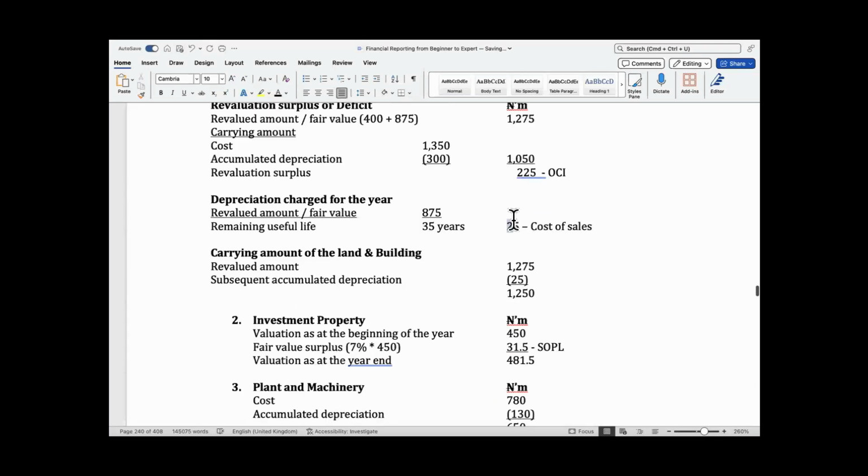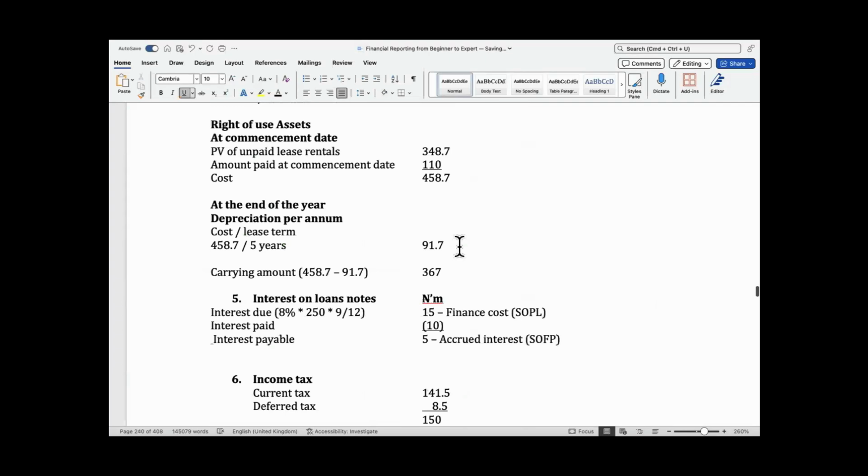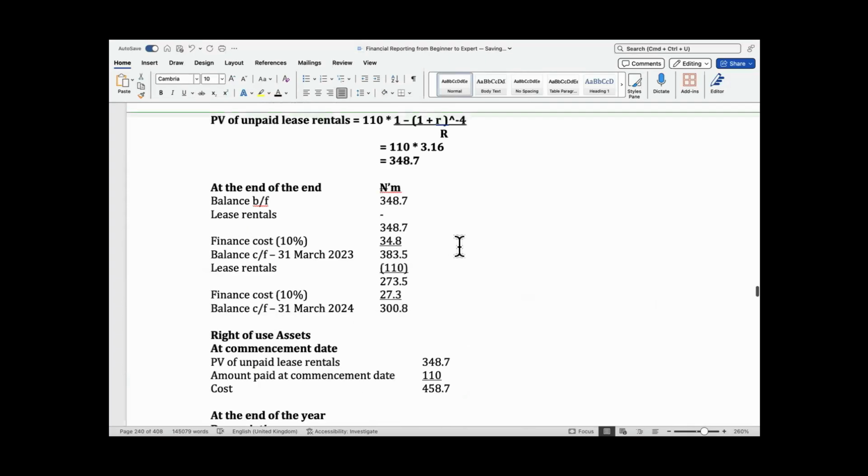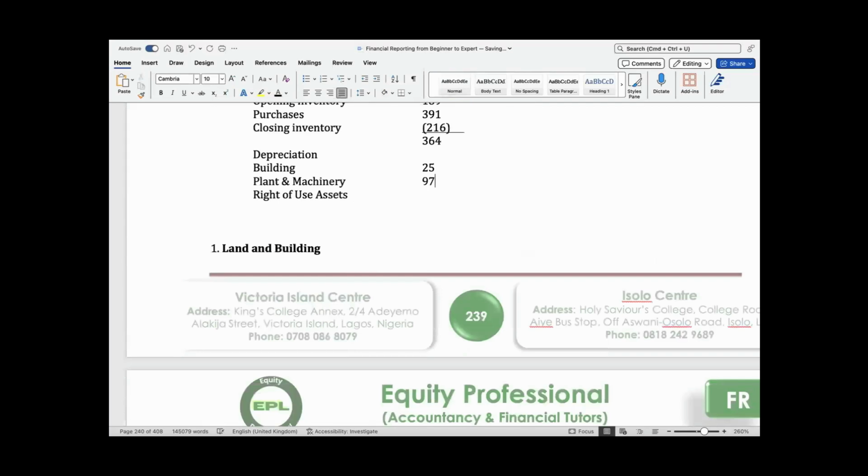For the plant and machinery, 97.5. And for the right of use assets, 91.7. So how much is my cost of sales now? 578.2.